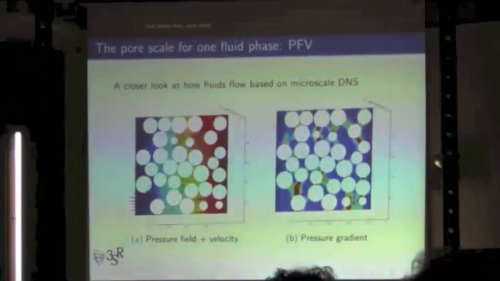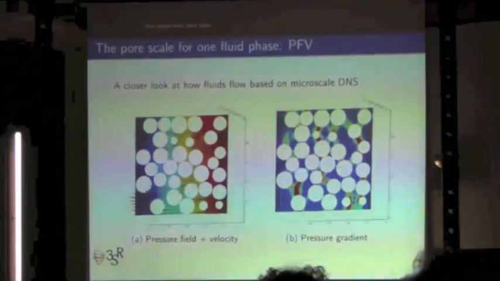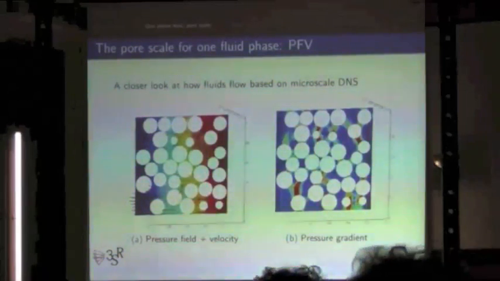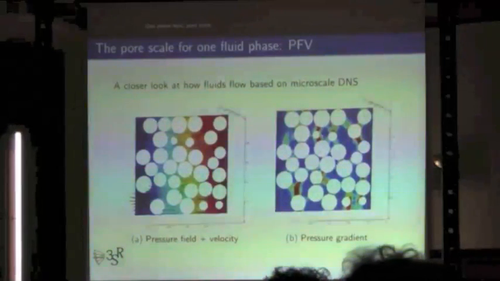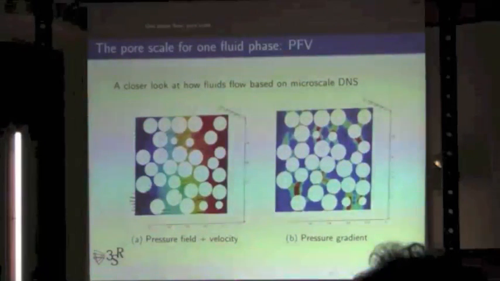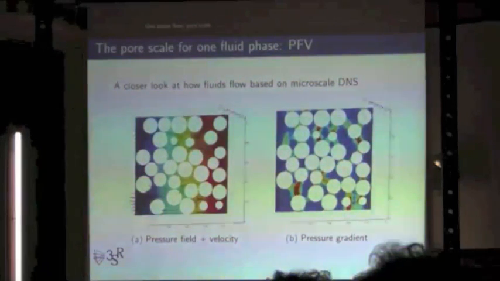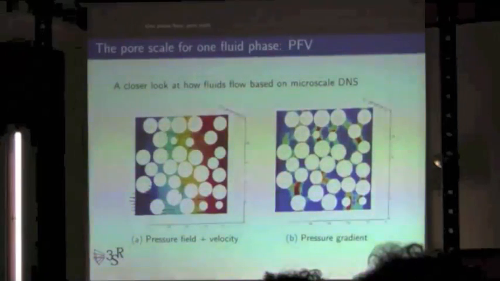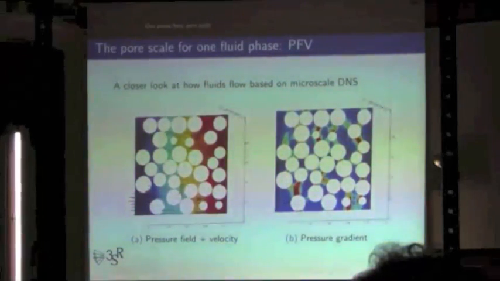If instead of plotting the pressure field, you plot the field of gradient of pressure, you find that overall blue is nearly zero, so you have no dissipation in the large voids. Red is the maximum gradient, so you have strong pressure gradients near the neck of the flow path. No surprise. But I will use this property to say, okay, this is one pore.